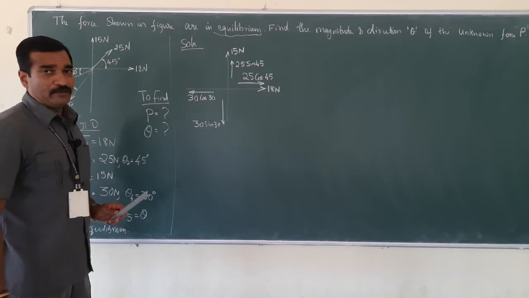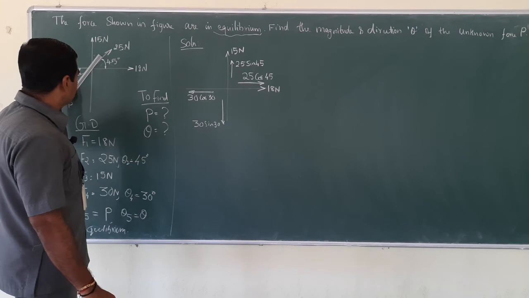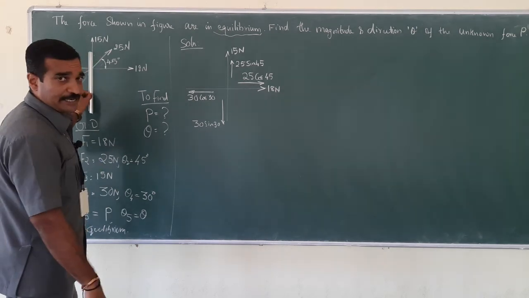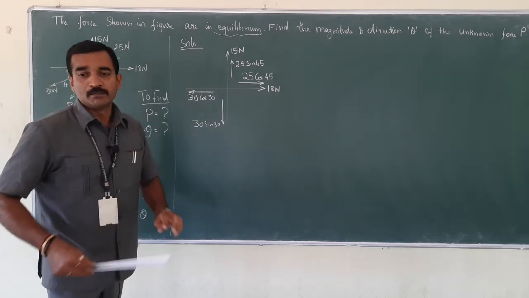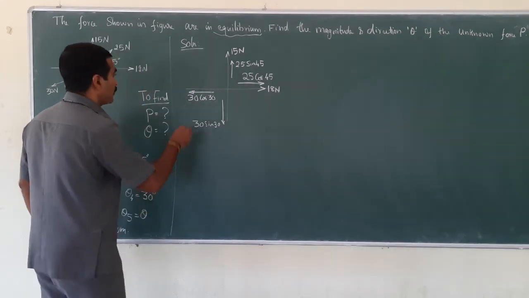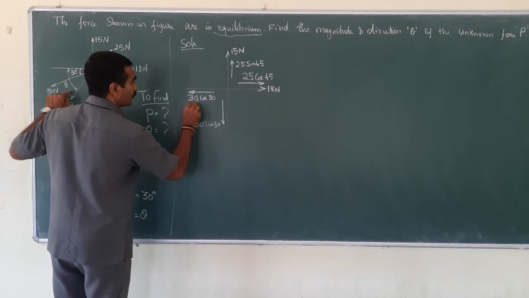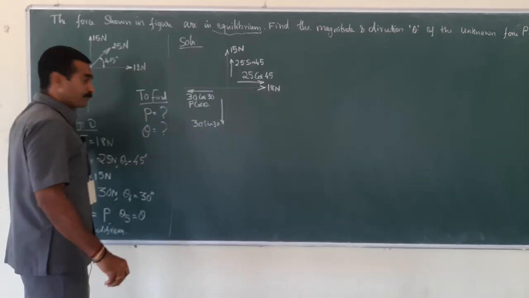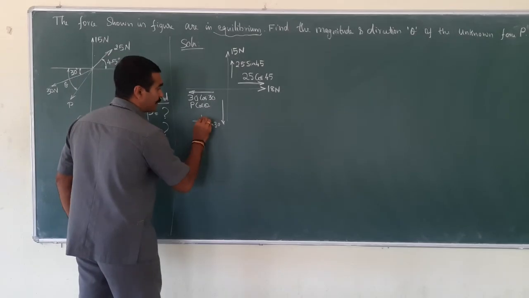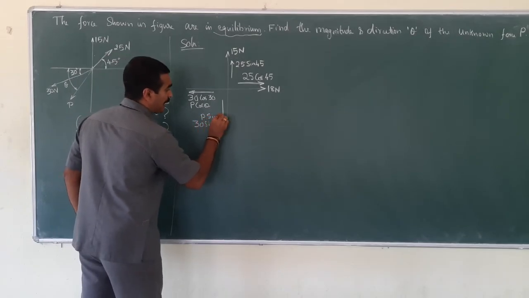What about this P force? Its vertical component is vertically downwards and its horizontal component would be in the minus direction. So, this can be written as P cos theta, and the vertical component as P sin theta.